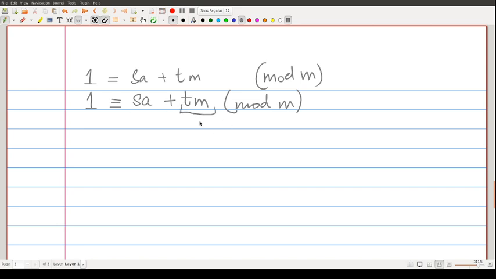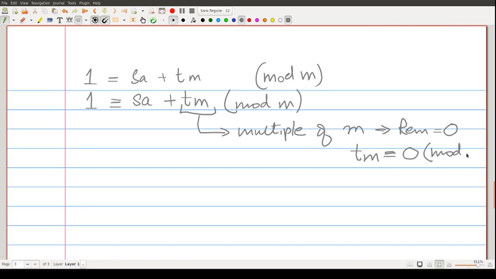But this, on the other hand, is just a multiple of M. So if you divide it by M, that means that this is going to be exactly divisible and the remainder is going to be 0. So the remainder is going to be 0, which means TM is actually congruent to 0 mod M. Right?